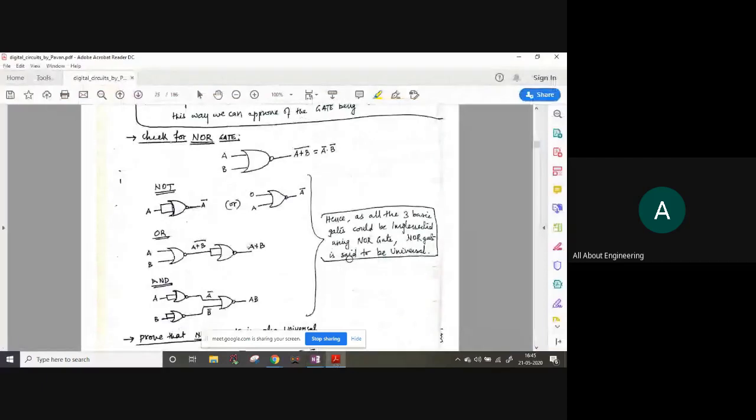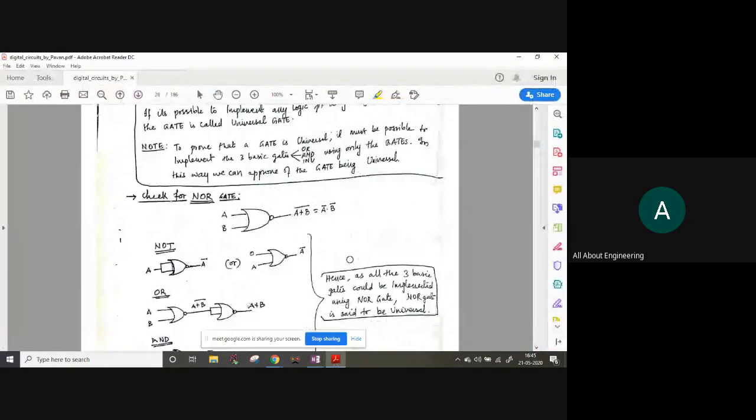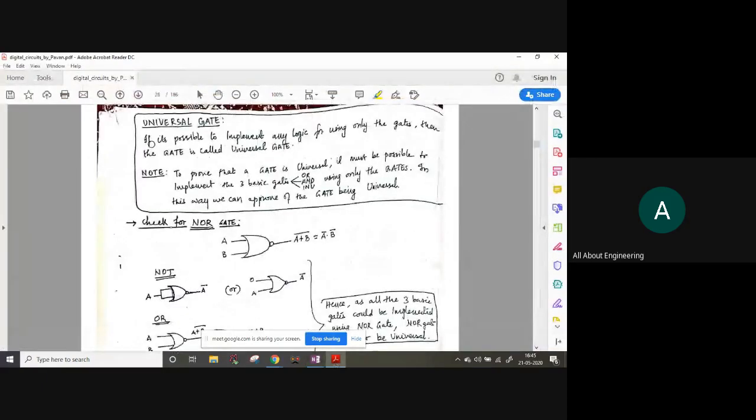Okay. So there are some few note points here. It is called as universal gate. It is possible to implement any logic function using only the NAND gates. This is the definition. If it is possible to implement any logic function using only that particular gate, then the gate is called as universal gate.